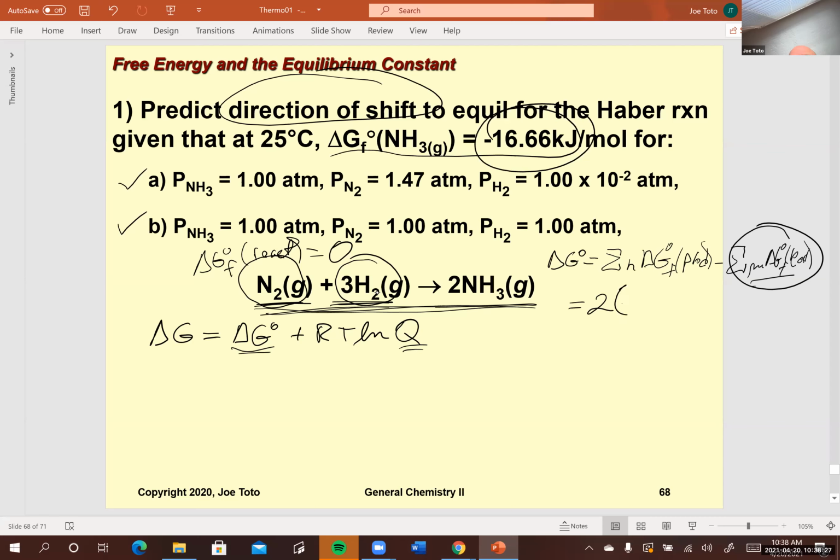So it's 2 times minus 16.66. So the delta G under standard conditions, from values that were provided from your textbook, or in this case, they give it to you in the problem, I find that this is 2 times minus 16.66, which is minus 33.3.